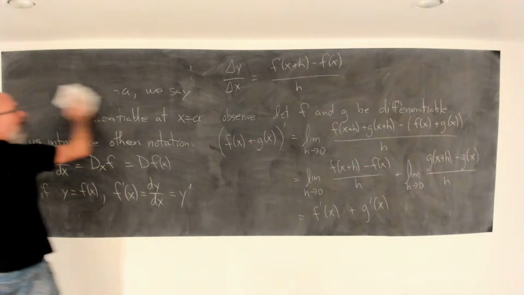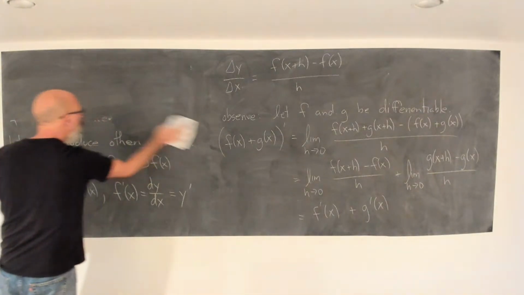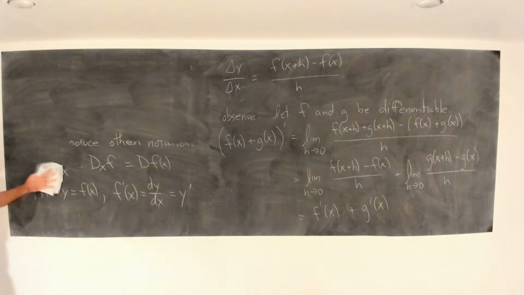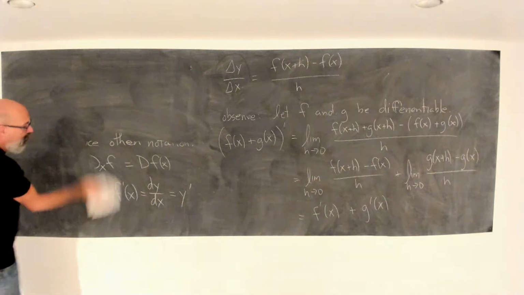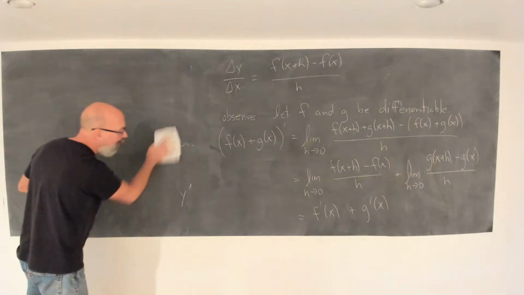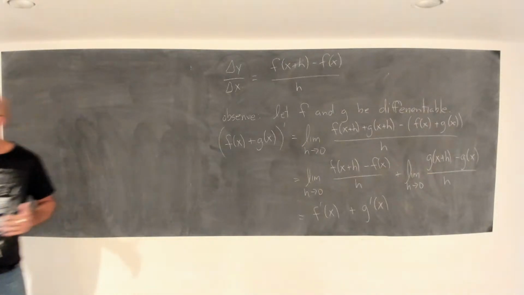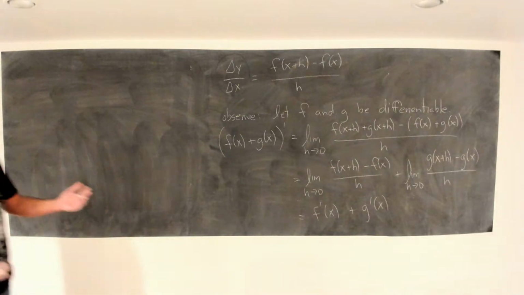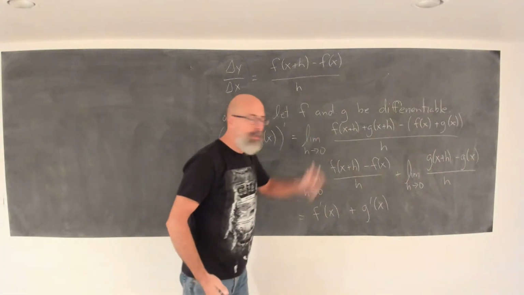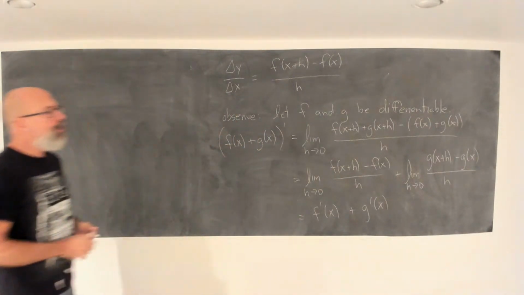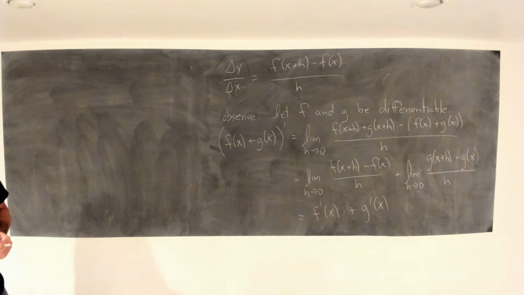It comes as no surprise because you knew this to be true in the case of limits. The limit of a sum is the sum of the limits. And the derivative being really just a limit, this principle extends to derivatives.